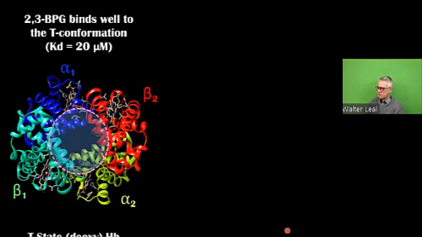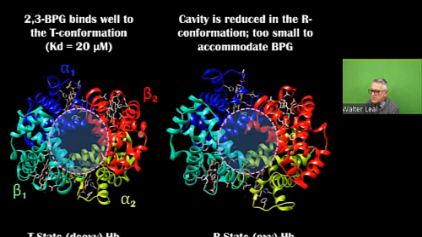This was a side story. I didn't even share this slide with you, but I showed this slide in class to show that BPG has a significantly higher affinity for hemoglobin in the T state, because there is this hole here that is going to be changed dramatically when the protein changes to the R state.